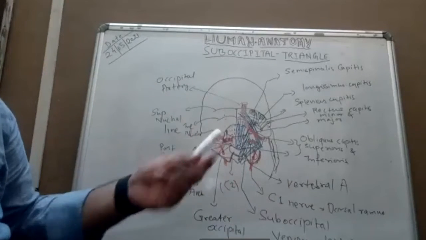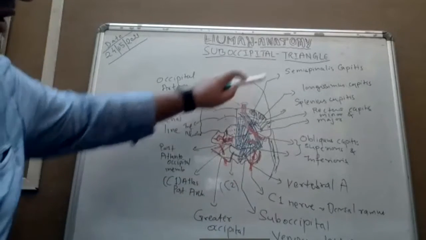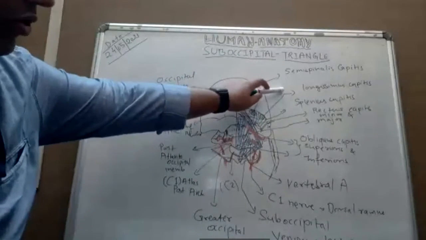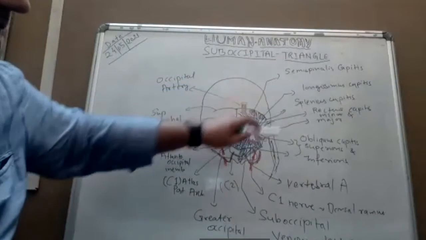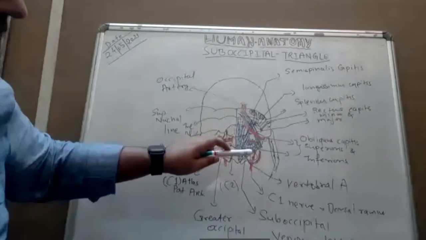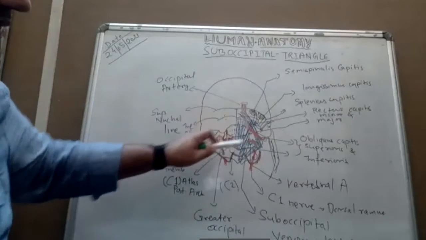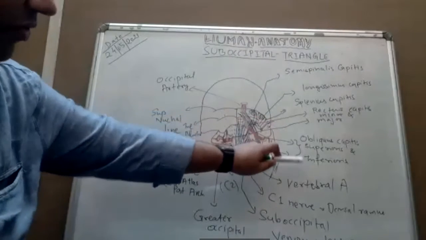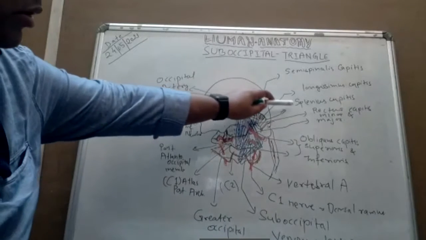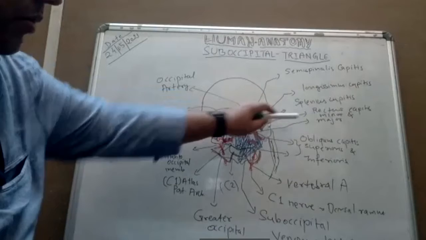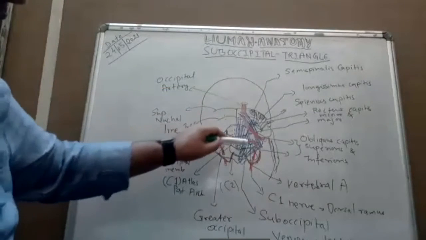Skin, superficial fascia, obviously, then trapezius, then semispinalis capitis, longissimus capitis, and splenius capitis are forming the other part of the roof. Then we remove and reflect all these muscles, and we see the obliquus capitis superior and inferior and the rectus capitis minor and major muscles here, the triangle.